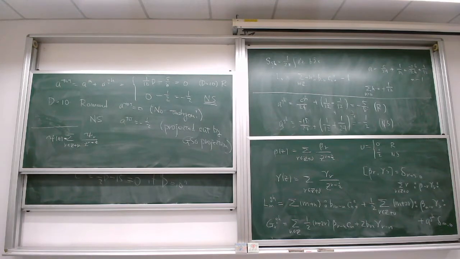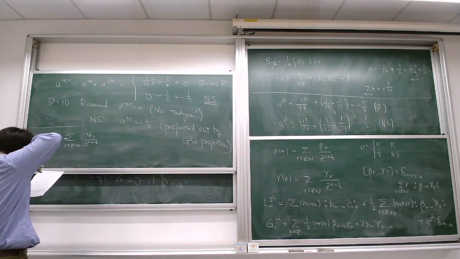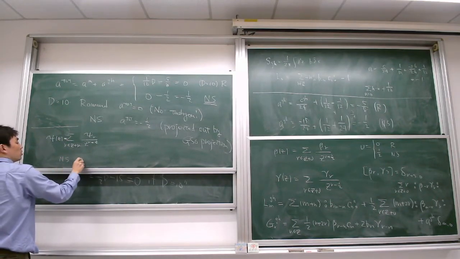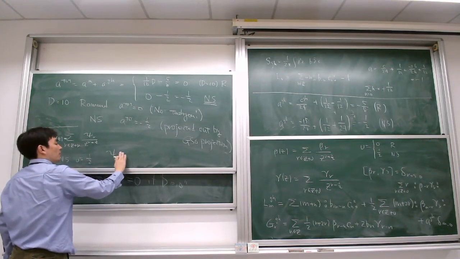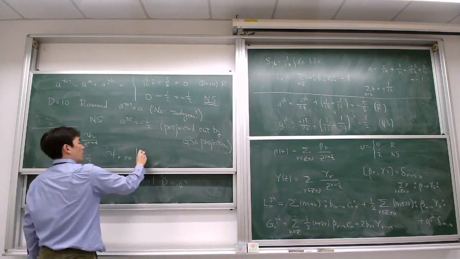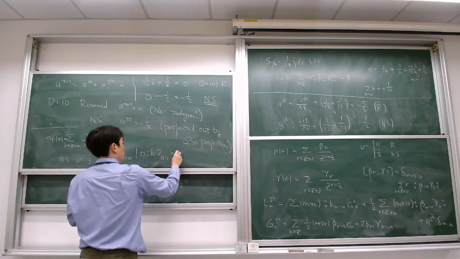Now we will consider the vacuum. In Neveu-Schwarz, nu is equal to 1/2, so you have psi r, the positive mode, acting on the vacuum, and in the Neveu-Schwarz the vacuum is equal to 0.